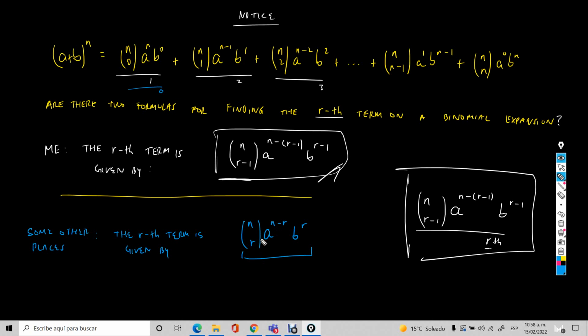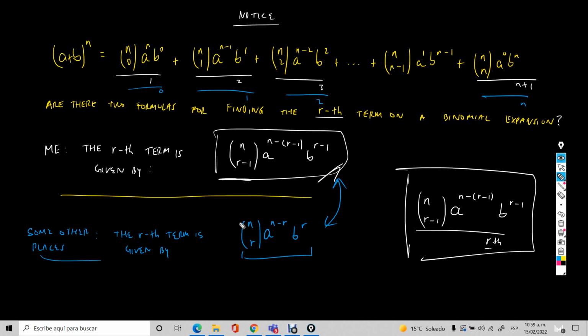So this other formula is the same as this, only with a different base position, okay? They start from 0. For them, from some other places, this is the term number 1, this is the term number 2, and the last one is the term number n. And for me, I want to understand this one as the first one, this one as the second one, the third one, and this last one as the n plus 1.